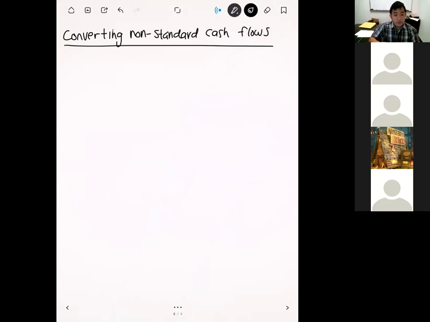What happens if you have a cash flow diagram or a cash flow system that doesn't match any of the patterns that we've shown above?